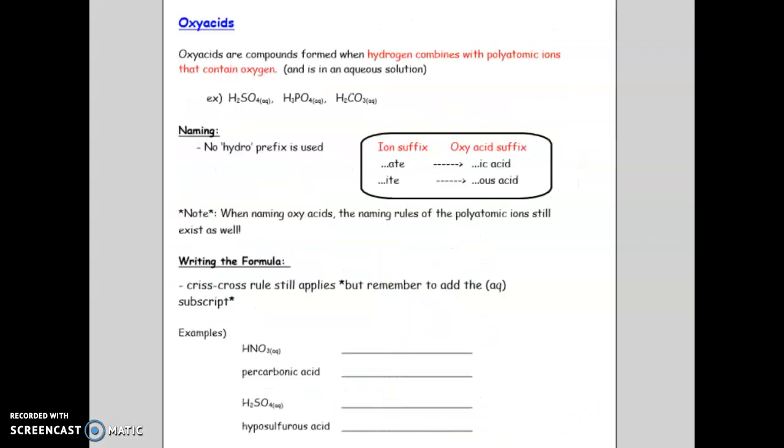Okay, now the next acids are called oxyacids. This is where you have hydrogen with a polyatomic ion. The reason why it's called an oxyacid is that most of the polyatomics that we're going to be looking at are going to have oxygen in them. So here you can see hydrogen with sulfate, hydrogen with phosphate, hydrogen with carbonate, right?